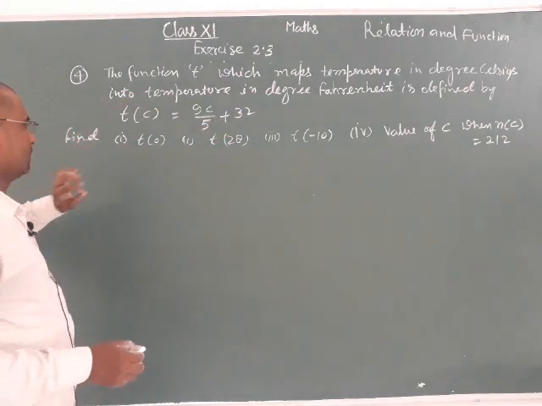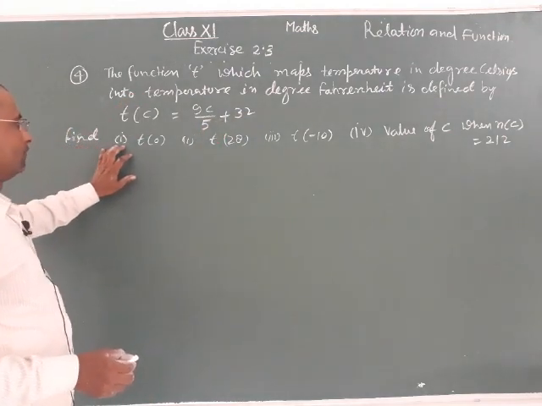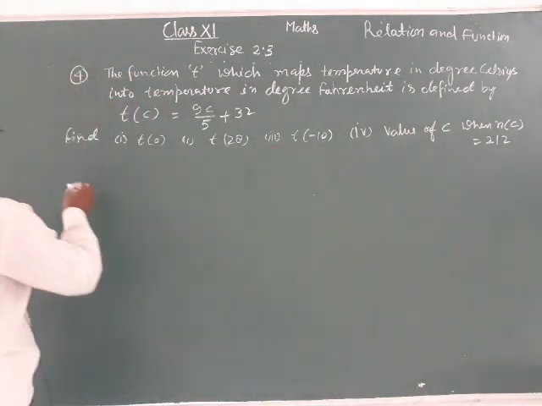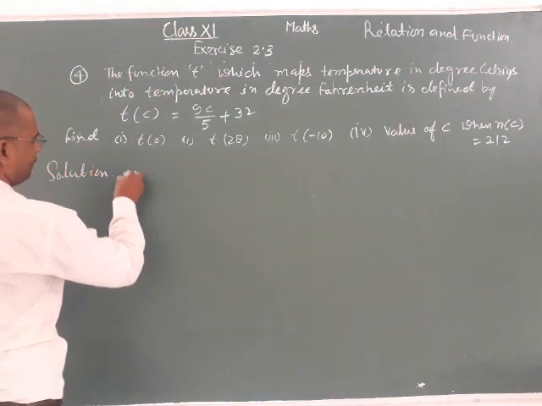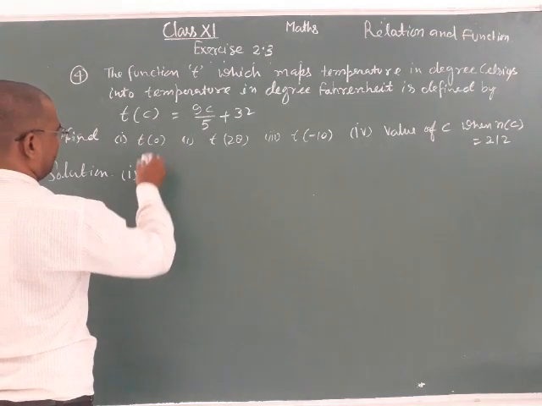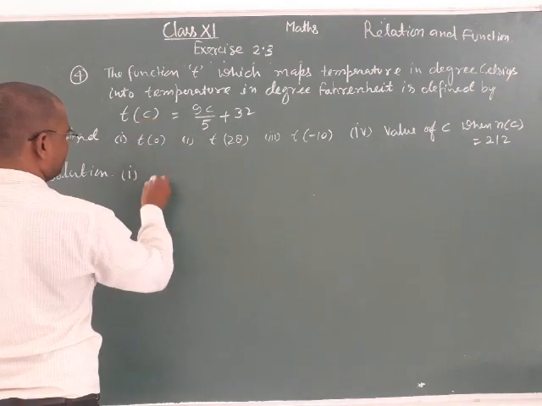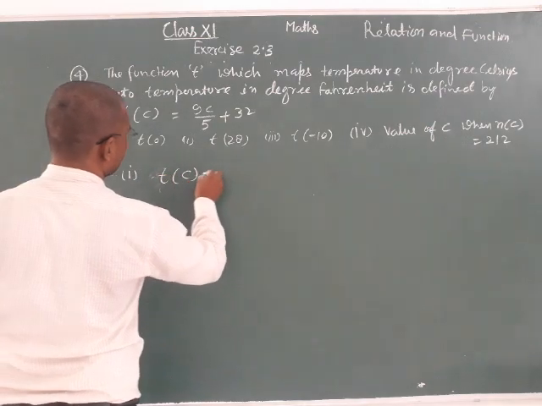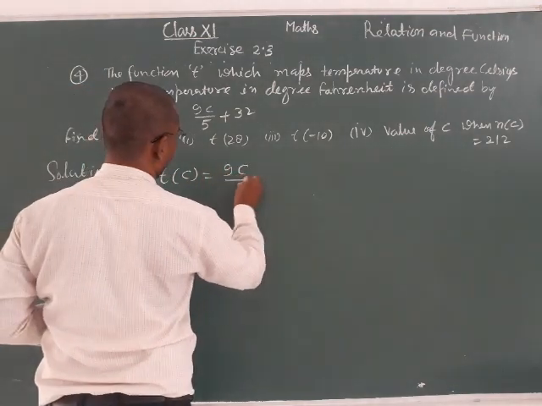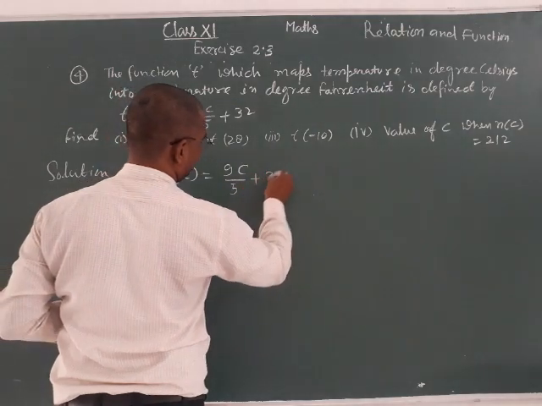Given this function, find the values of these. Now let us start the solution, part 1. Given function T(C) = 9C/5 + 32.